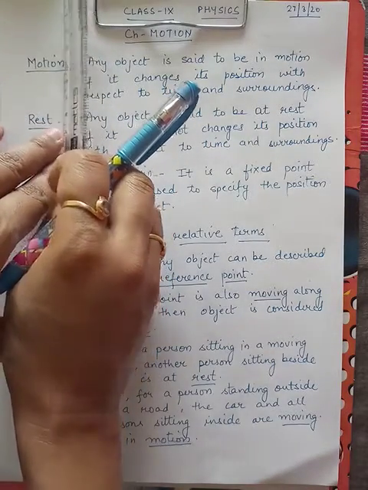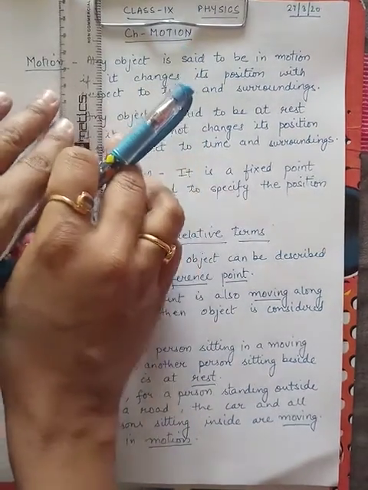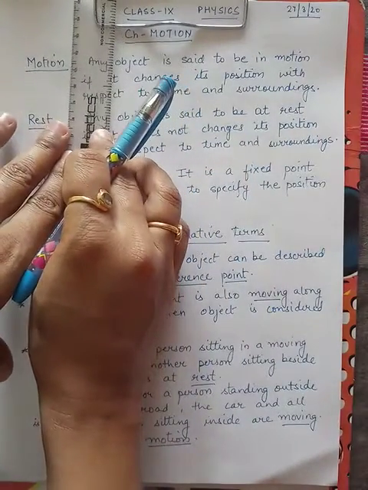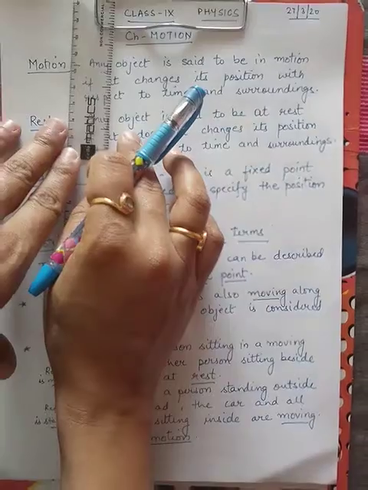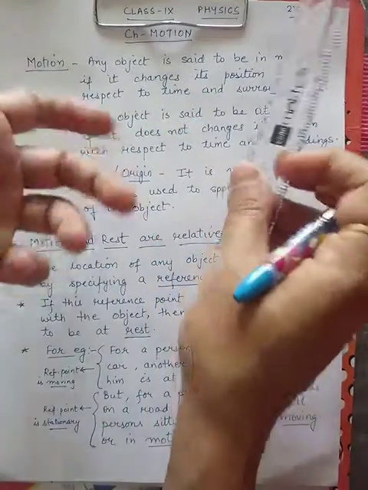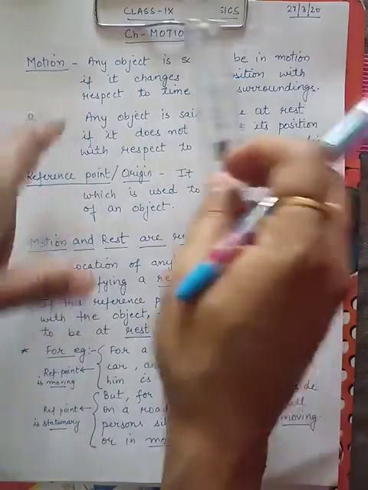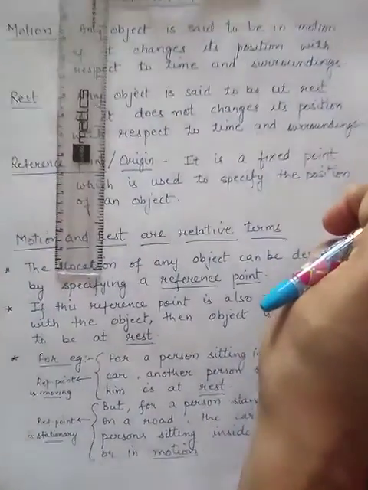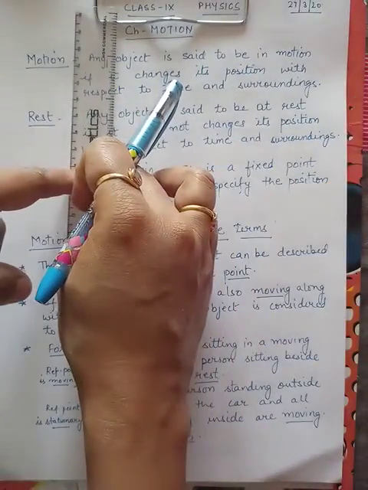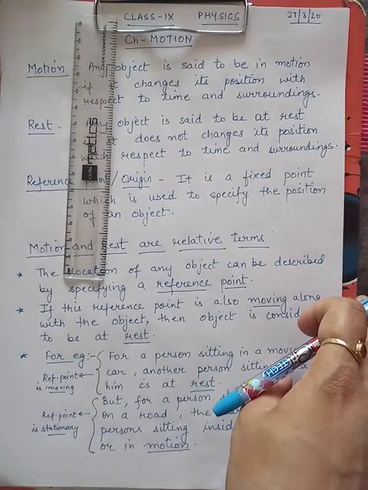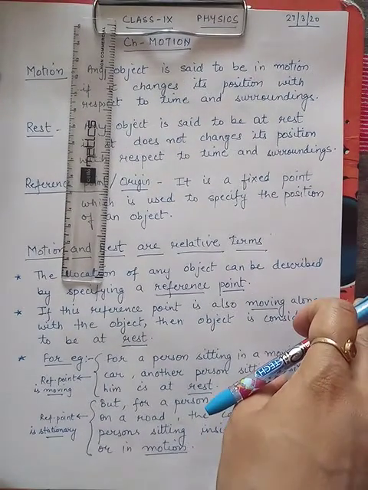So according to this environment, the board is at rest and the scale is also at rest. If I'm changing the position of the scale only, then it will be moving with respect to this board. Suppose this board is also moving, then is the scale moving? Yes, the scale is also moving along with the board, that we will see, right?